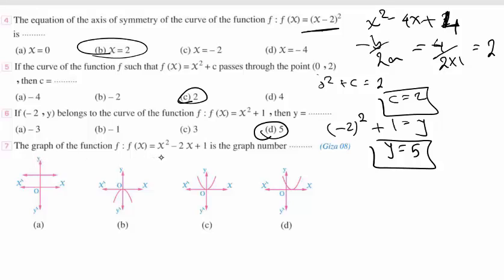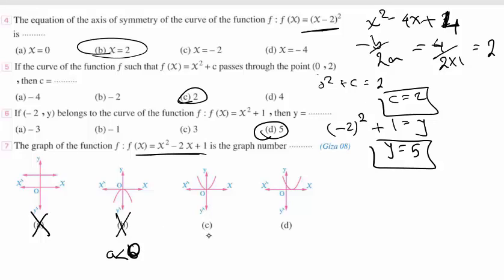The graph of the function x power 2 minus 2x plus 1. First of all, you should know that it's not a, because a is a constant function which is represented by a straight line. It's not b, because b is looking downward, and as we said, looking downward means that a is a negative number.